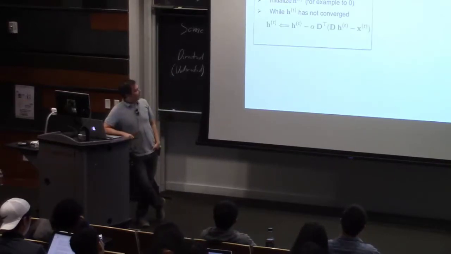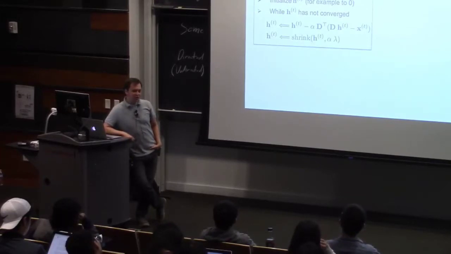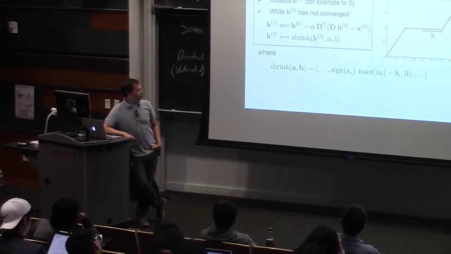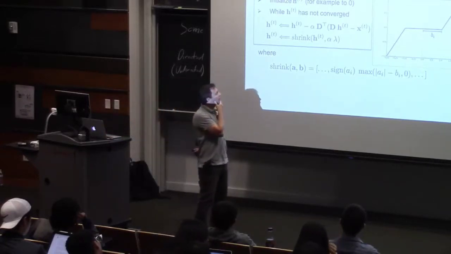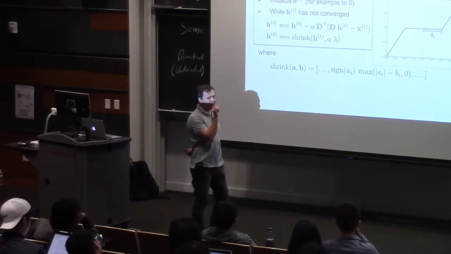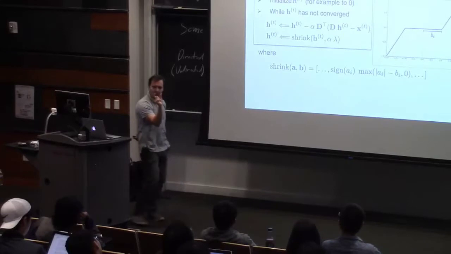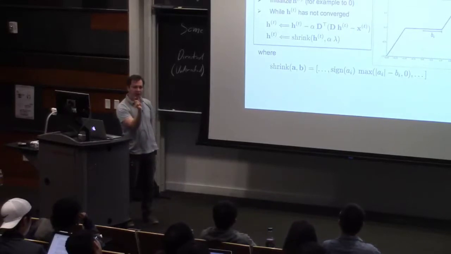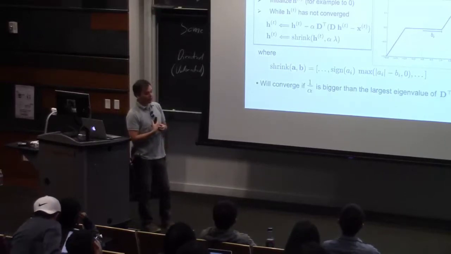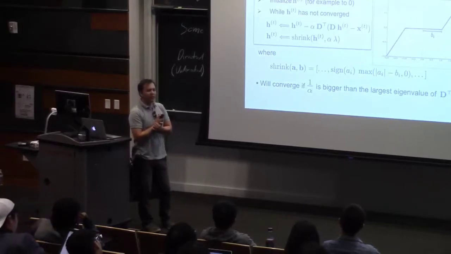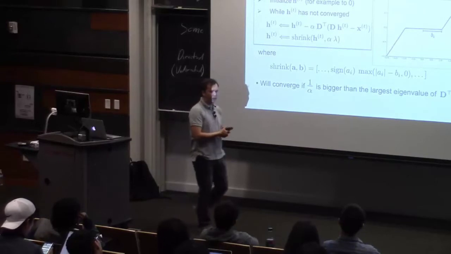And then you update your H's from the gradient descent update rule. And then you perform a shrinkage operation. So what is a shrinkage operation? The shrinkage operation is just saying, for a specific value b, which is the hyperparameter you have to choose, if you are within some threshold or some distance to 0, you set it to 0. And this will converge if 1 over alpha is bigger than the largest eigenvalue of D transpose D. So it has to do with the eigenvalues of your D matrix.